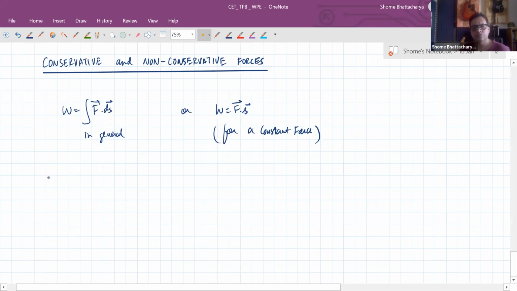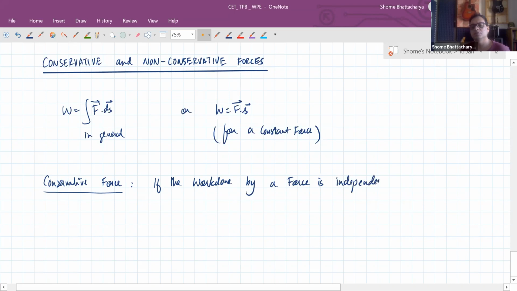As I said, a conservative force is one such that the work done is independent of the path, and depends only on the initial and final position.